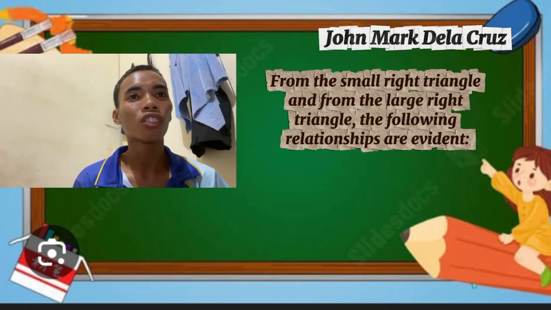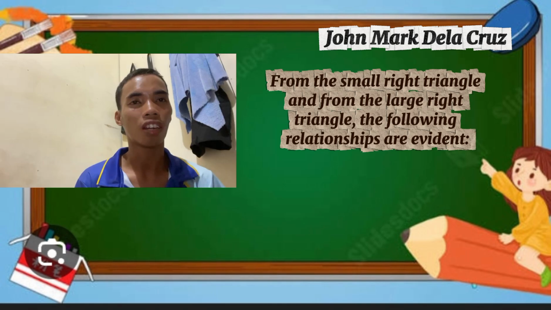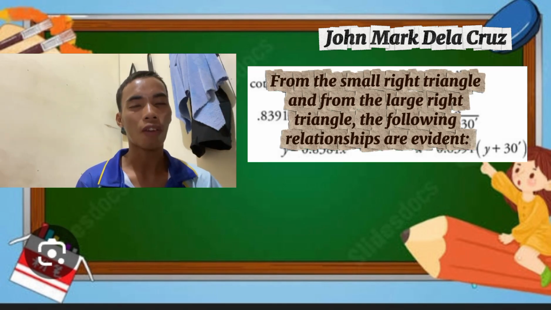From the small right triangle and from the large right triangle, the following relationships are evident.